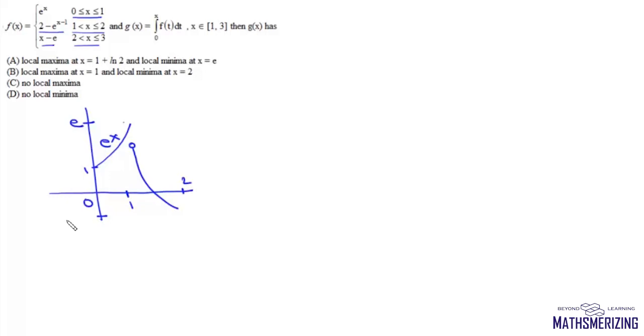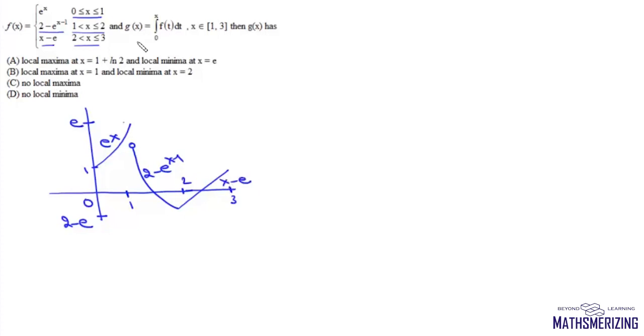So this value is 2 minus e, and then at 2 this is a straight line from 2 minus e to 3 minus e. So this is 2 minus e to the power (x minus 1), and this is x minus e.